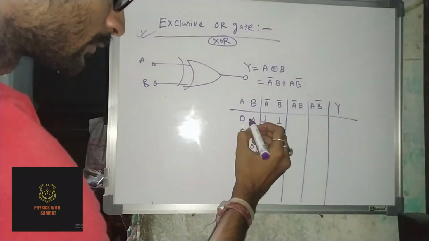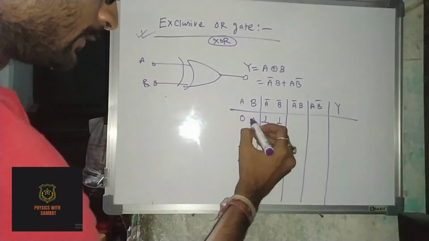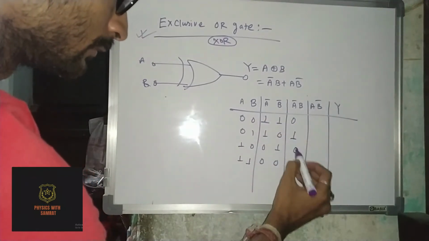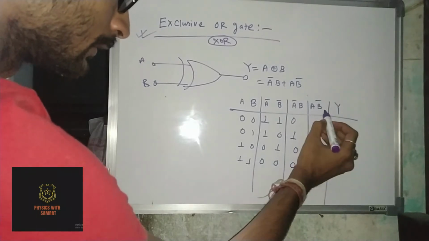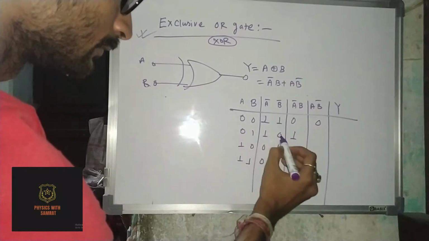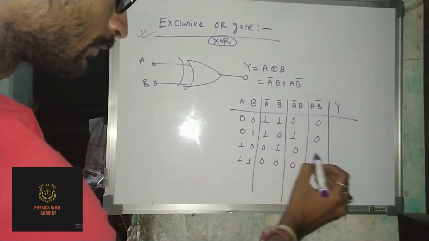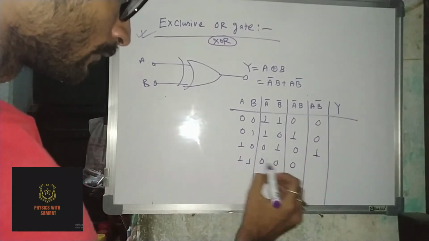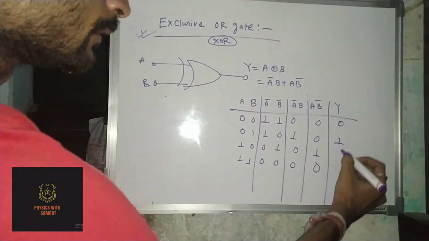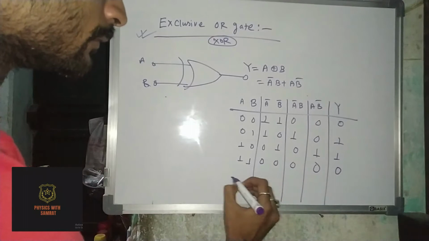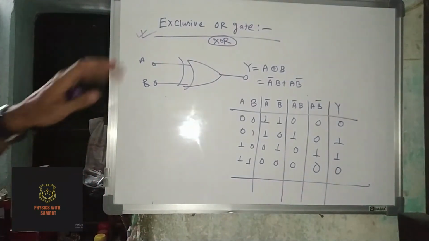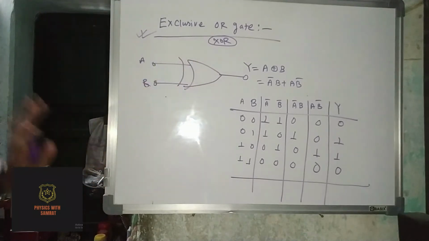So after multiplication, A bar B, this will be 0, this will be 1, this will be 0, this will be 0, and A B bar 0 1 0 0 0 0 1 1 1 1 0 0. So 0 1 1 0. Okay, this is the truth table of exclusive OR gate.